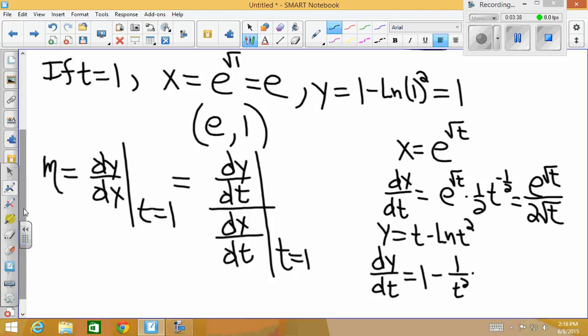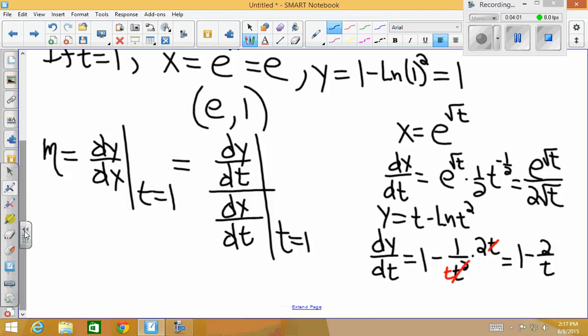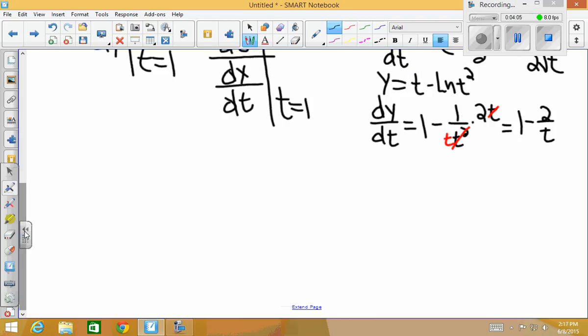The derivative of t squared is 2t. Here, one of these t's will cancel, and so we end up with our derivative of y with respect to t being 1 minus 2 over t. So we have found dy/dt, and we have found dx/dt. So we can divide those, and that's our derivative.